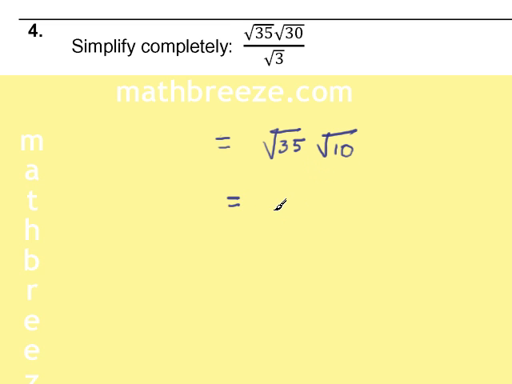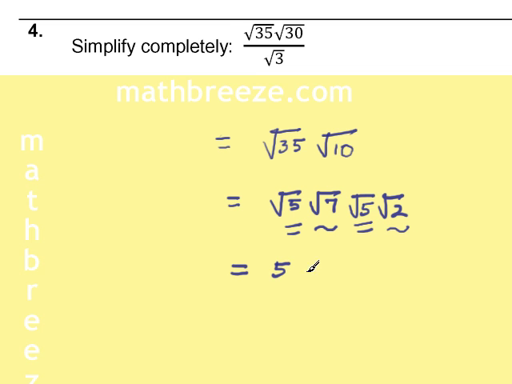So let's factor square root 35 as square root 5 square root 7, and square root 10 as square root 5 square root 2. Alright, so we're going to multiply square root 5 times square root 5 to get 5 outside the square root symbol. And then we're going to multiply square root 7 times square root 2 underneath the symbol, and we have square root 14.